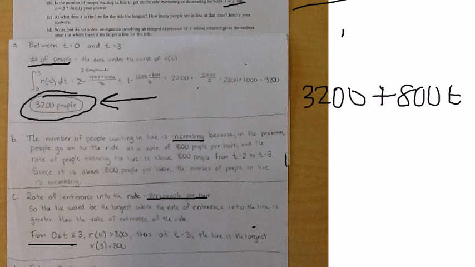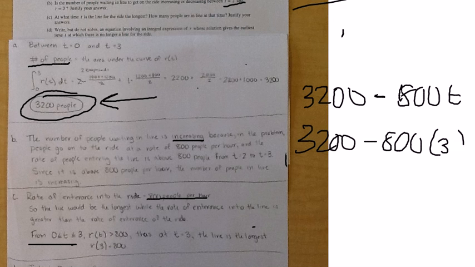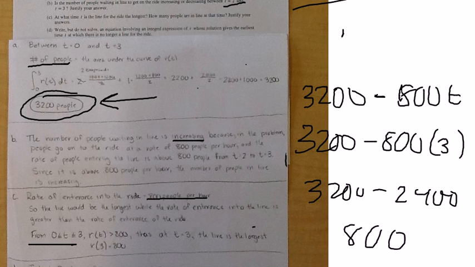Actually, subtract 800t, because it's losing people at a rate of 800t. So t equals 3, so it would be 3,200 minus 800 times 3, which equals 3,200 minus 2,400, which equals 800. And that's our answer for C.